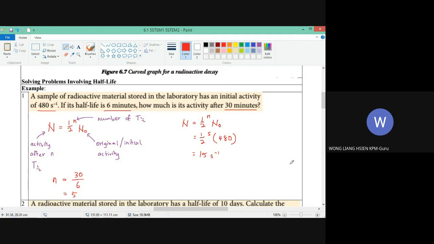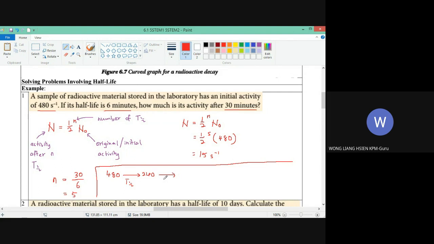If, for example, you don't know how to use this equation, or you forgot the equation, what you can do is answer this question manually. That means first you find out how many half-lives already passed, and then you divide by 2 manually. At first it is 480, and after 1 half-life you divide by 2, get 240.